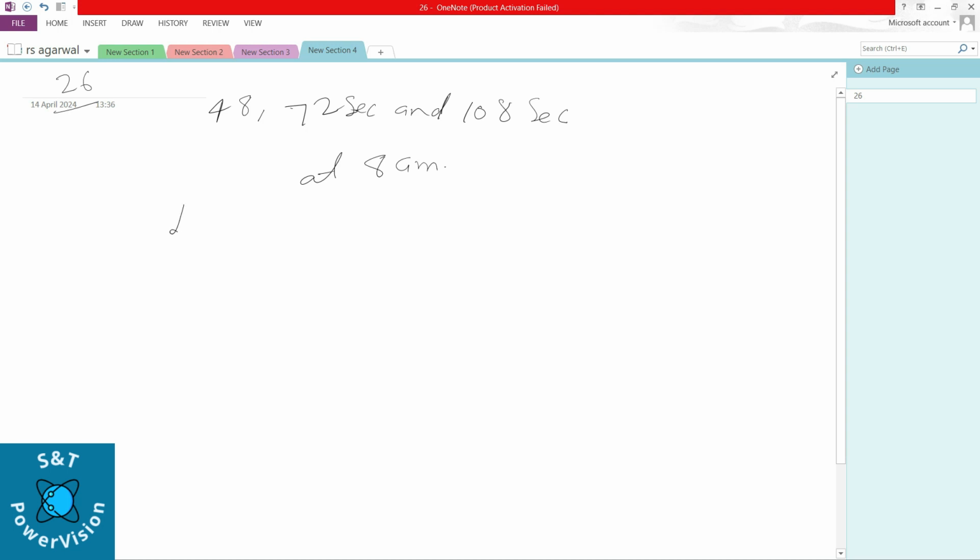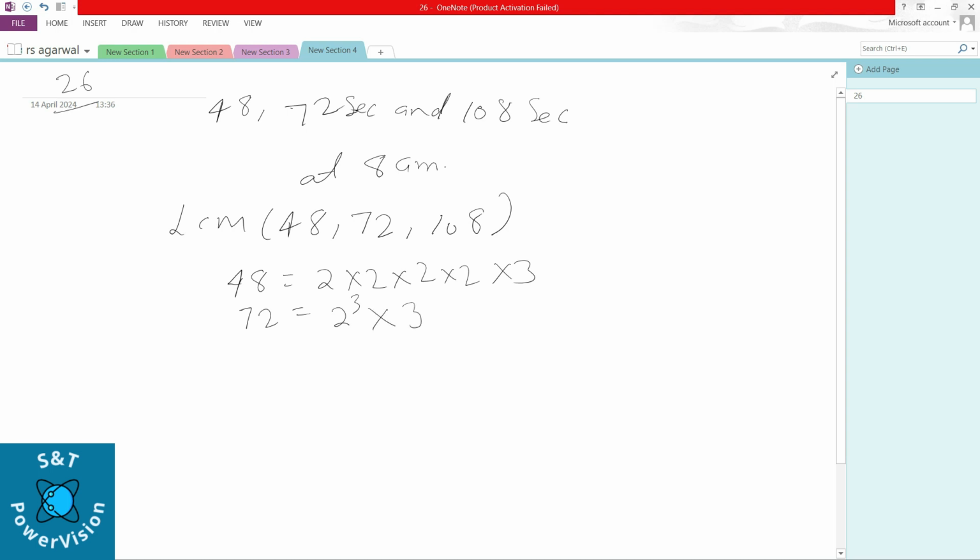So we'll go for the LCM of 48, 72, 108 here. So we'll go for the prime factors. 48 is equal to 2 into 2 into 2 into 2 into 3.